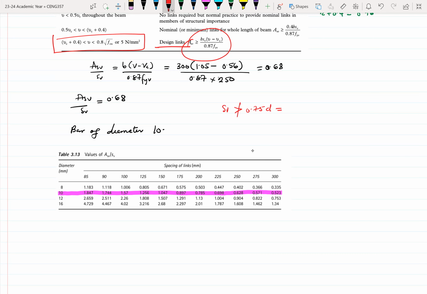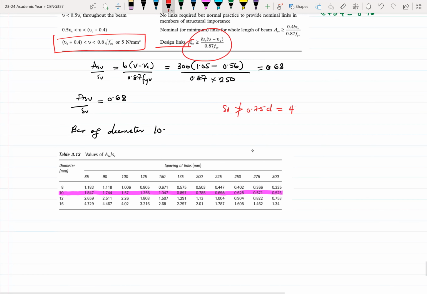So it shouldn't be more than 75% of the D. This is to make sure that you have at least one of your shear rebars crossing the cracks, assuming cracks are supposed to be forming. So this should be 412.5 millimeters. So we cannot have spacing more than this.